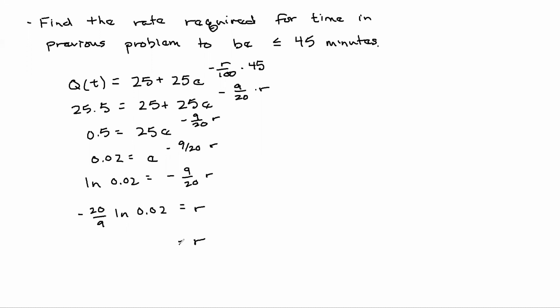And then plug into a calculator, and you should get R is approximately 8.69. Okay, and this is a rate, so it should be in terms of gallons per minute.